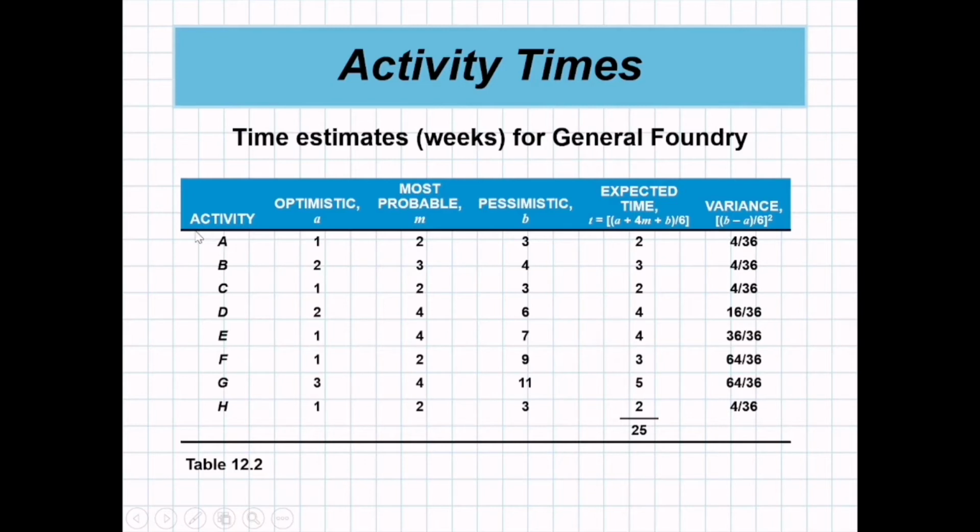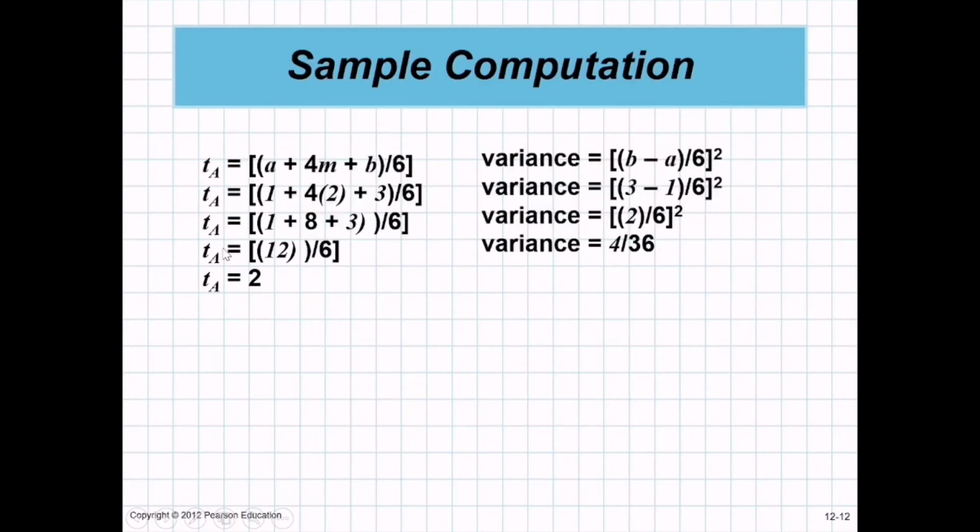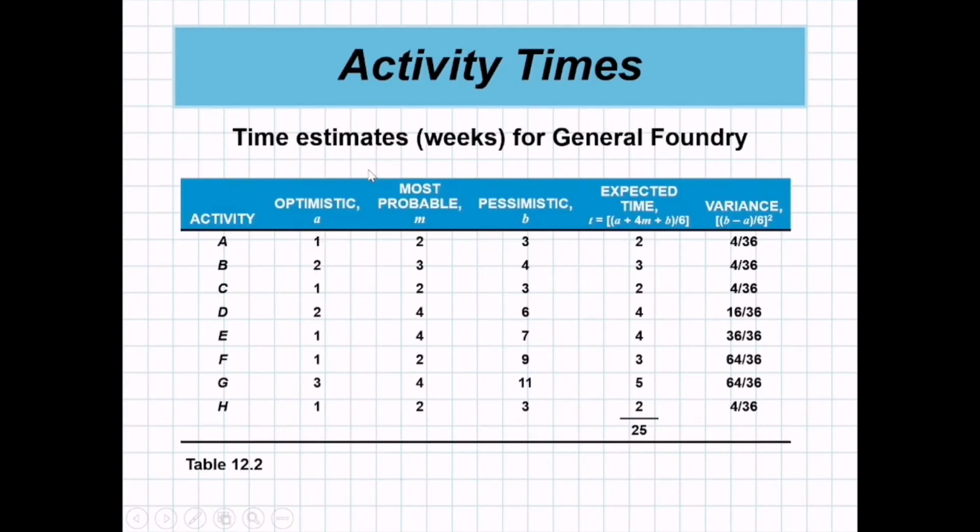Let us take for example activity A. Expected time for activity A: expected time is equal to (A plus 4M plus B) all over 6. So let us take a look. What is A, what is M, and what is B? For activity A, class, A is 1, M is 2, and B is 3.